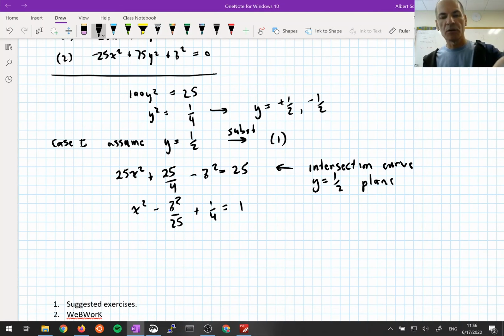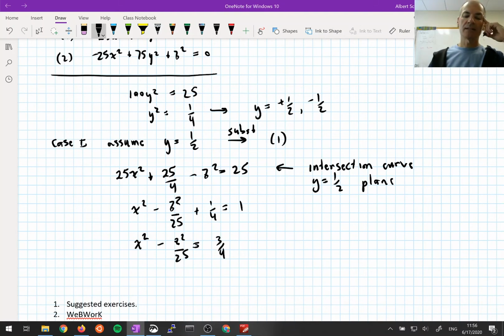And let's move the 1/4 over to the right-hand side. Just kind of winging the algebra here. This is kind of how things work. Move the 1/4 over to the right-hand side. So that leaves me with a 3/4 on the right.